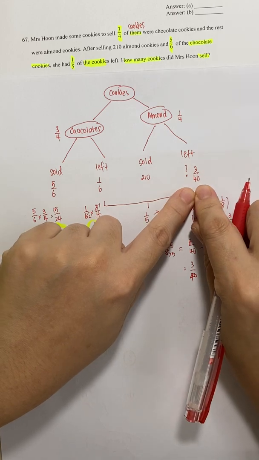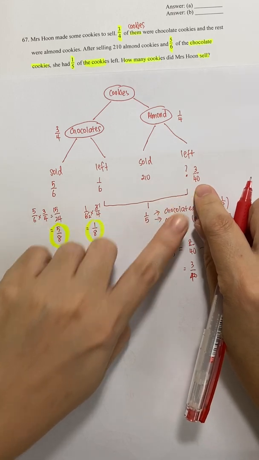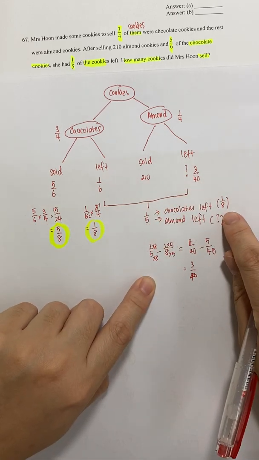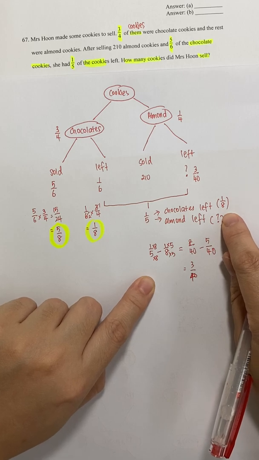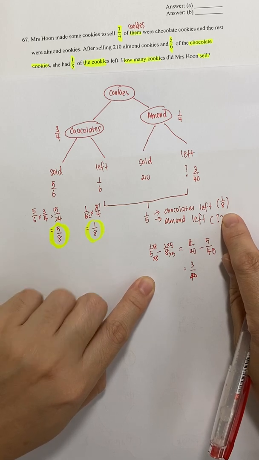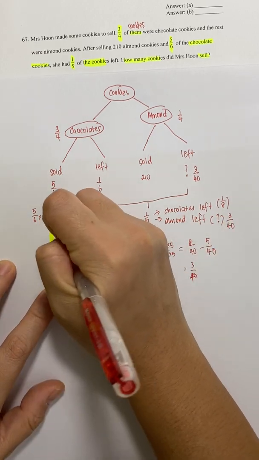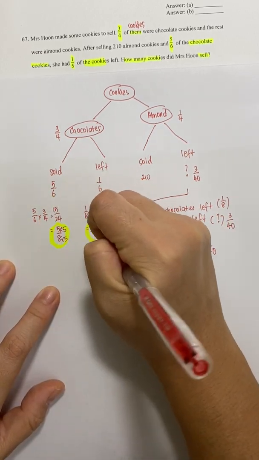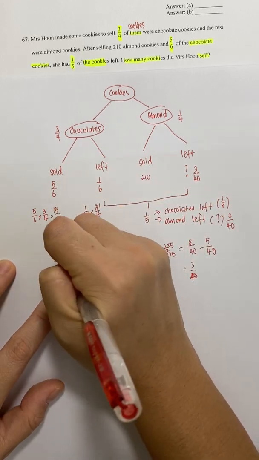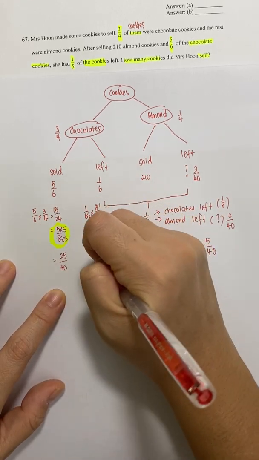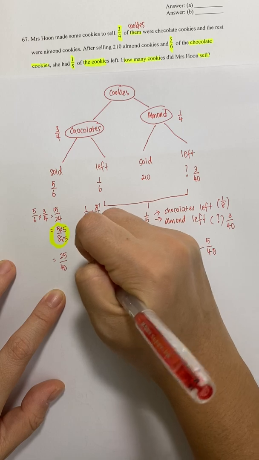Since my denominator is 40, I will try to change all of these denominators into 40 as well. Which denominators can I change? I can change this and this. This will be 25 out of 40. This will be 5 out of 40.